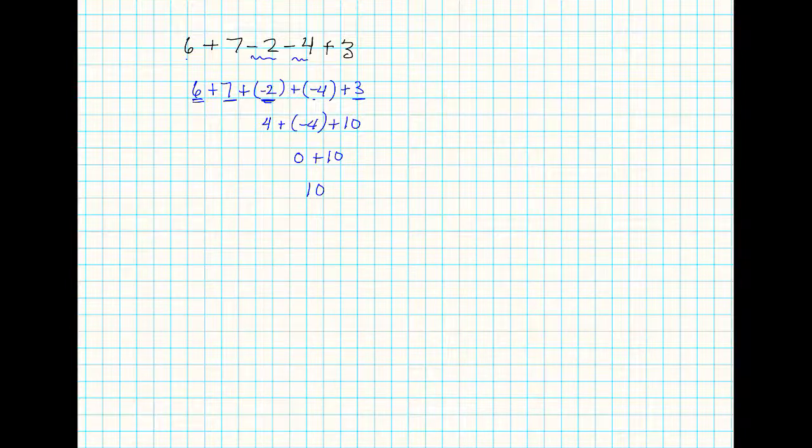I can write 6 minus 4 plus 7 plus 3 minus 2, and as long as the 4 is negative and the 2 is negative, I can put this in that order. So this could be 2 plus 10 minus 2, which is 2 plus 8, or maybe it's 12 minus 2. Either way, it's 10.